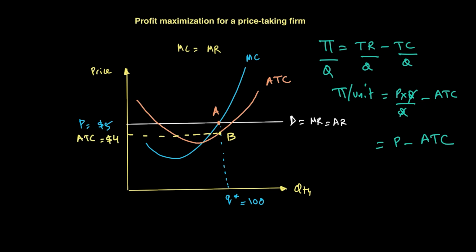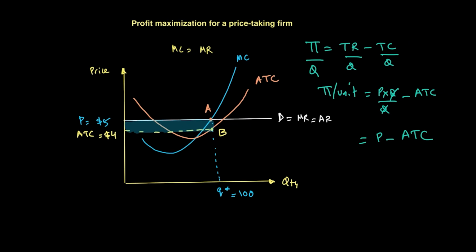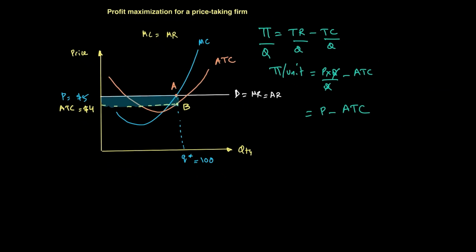As a result, you will see a situation where the firm is making supernormal profit. This supernormal profit is happening because when MC is equal to MR, price is greater than ATC.